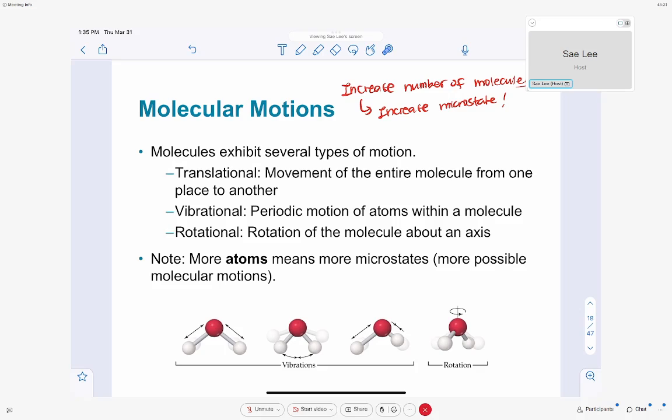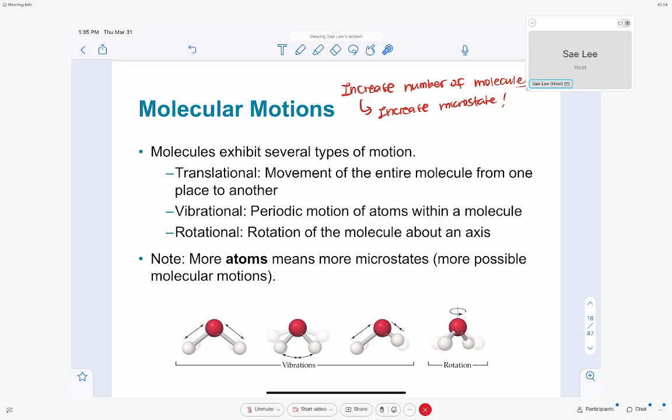If you take multiple photos, all of those pictures will look different. Same for the molecules. If you have more molecules, you will have more various combinations of positions available due to the active molecular motions.